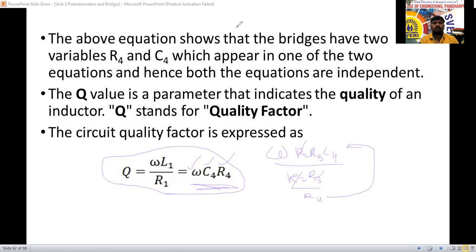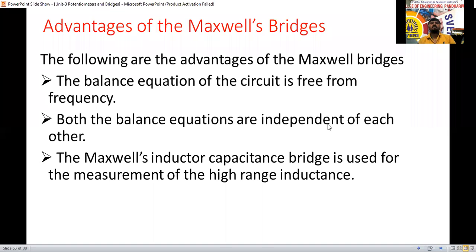The next class we'll discuss the next bridge. The advantages of Maxwell bridges are these. The balance equation of the circuit is free from the frequency, and both balance equations are independent of each other, meaning one equation does not depend on the other.